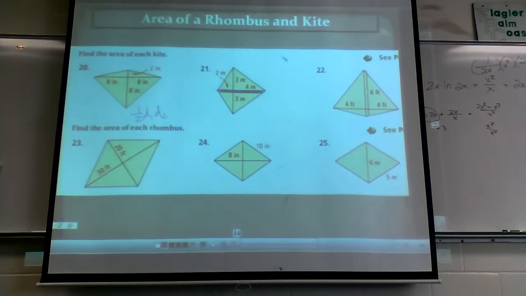It's 6, right? 2 and 4 together. What's the length of the other one? Still 6, right? 2 plus 3, still 6. So for 21, it's just going to be 1/2 6 times 6, which is what? What is it? 8? 18? 18. Okay?